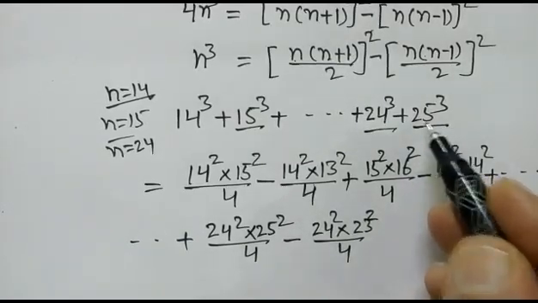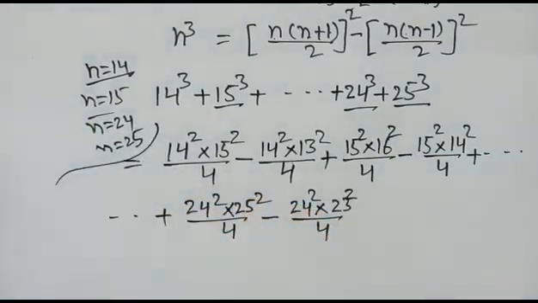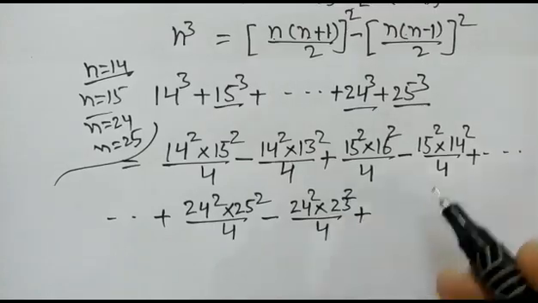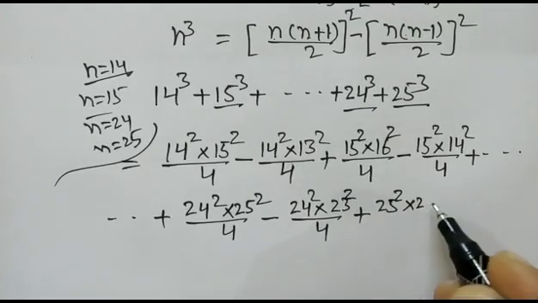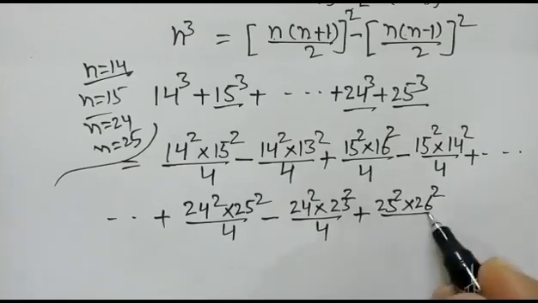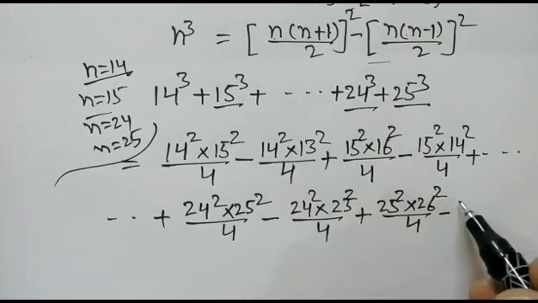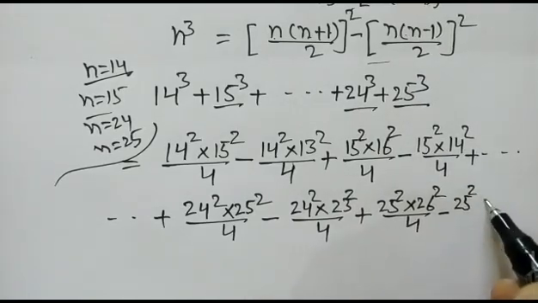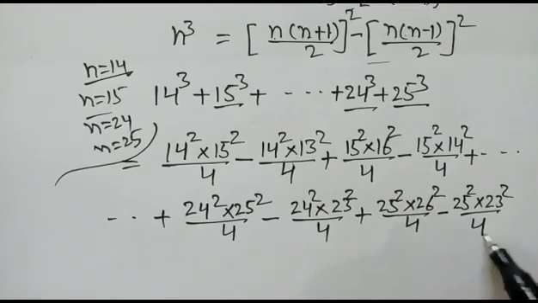Now n is equal to 25. So plus 25 square into 26 square over 4, minus 25 square into 24 square over 4.